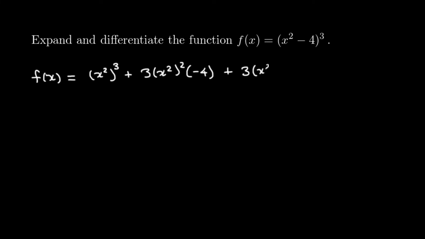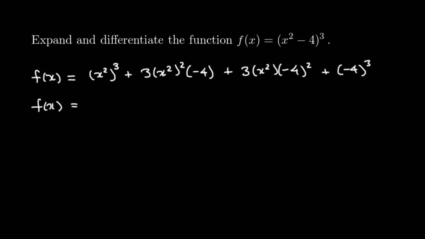We have x squared now once and minus 4 twice, and then finally minus 4 to the power of 3. So that's not too bad since we're dealing with something cubed there. But of course, if that was a power of 10, we wouldn't want to be expanding this. Anyway, we'll continue and differentiate in one more step.